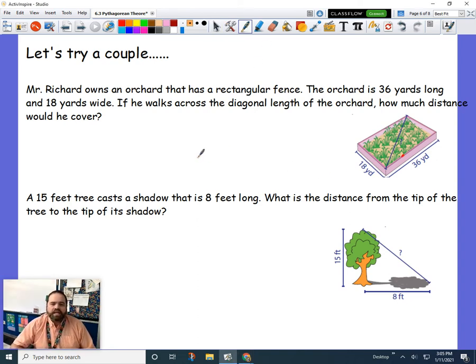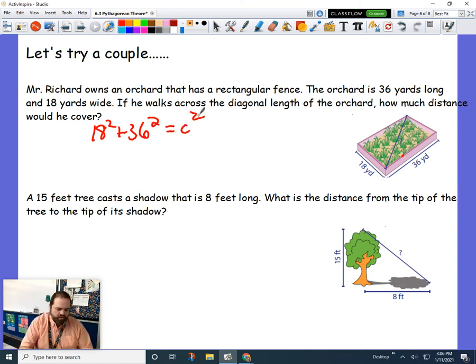Mr. Richard owns an orchard that has a rectangular fence. The orchard is 36 yards long and 18 yards wide. If he walks across the diagonal length of the orchard, how much distance would he cover? It's kind of a boring use of it, but I've got a leg here and a leg here. I'm trying to calculate the hypotenuse.